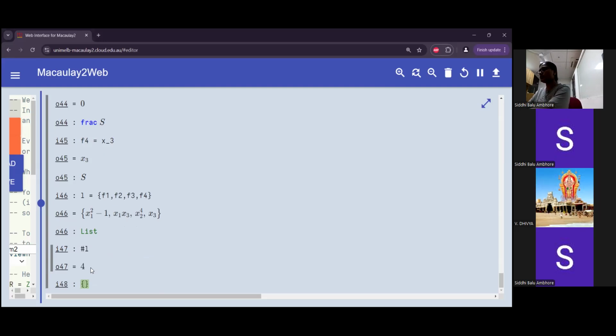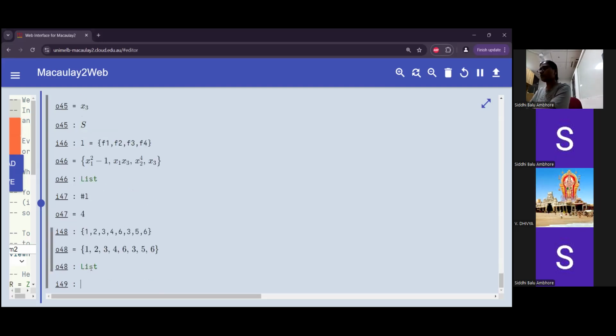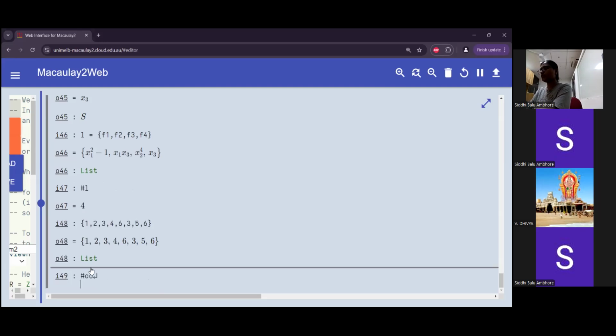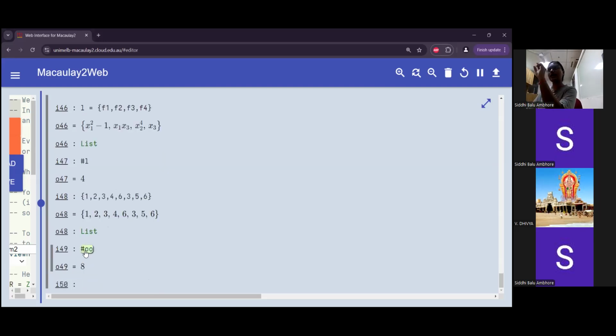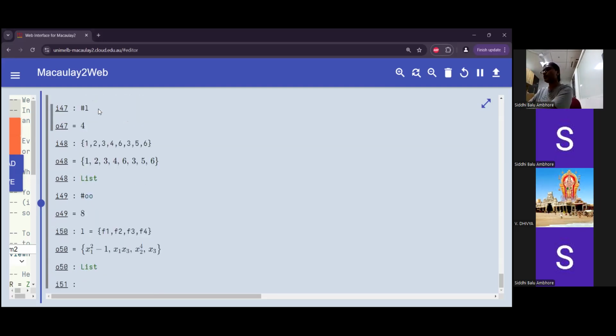So hashtag of L is used to calculate the size of the list. So I have to give index for i from 0 to L minus 1, because now it is starting from 0.